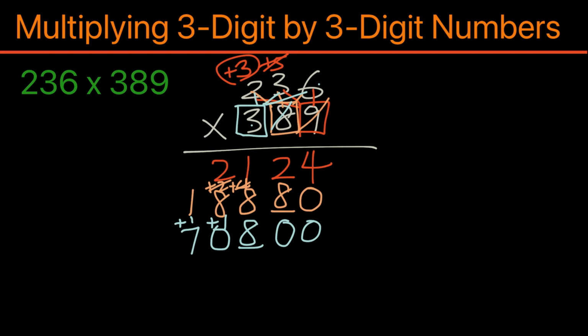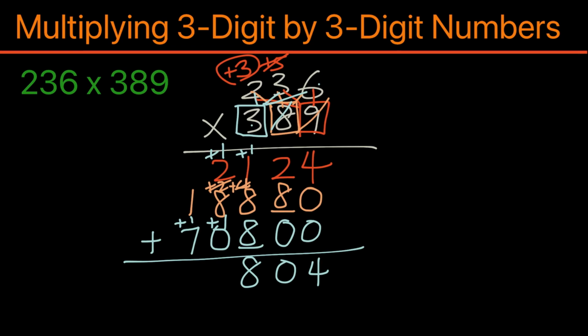Then finally, we're going to add them all up. So this will be 4. 2 plus 8 is 10, with a plus 1 on top. Then you have 1 plus 8 plus 8 plus 1. That's 18. So you will place the plus 1 and then 8 here.